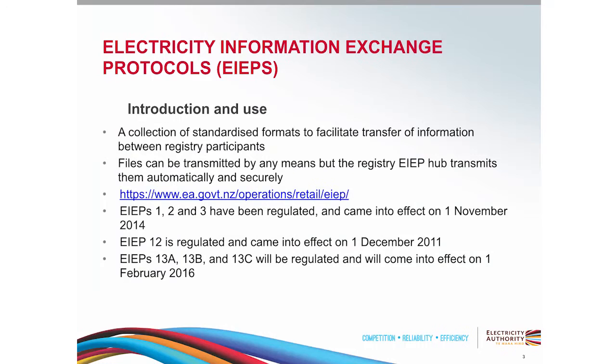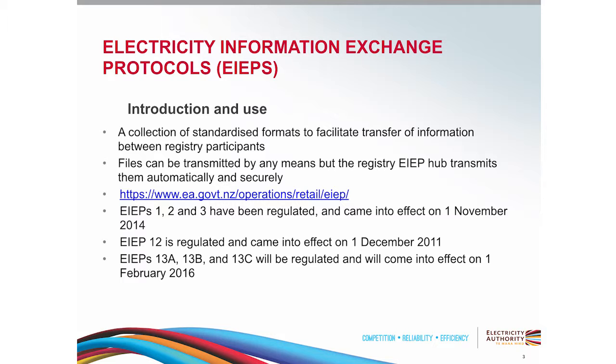The reason why we regulated EIEPs 1, 2, 3 is because there were so many versions in use, and we wanted people to all use the same version for efficiency purposes. So it's a standardised set of formats. You can locate them right here.